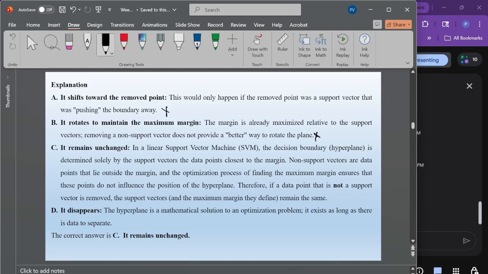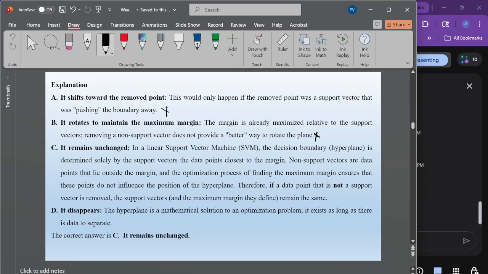And option C is it remains unchanged. In a linear SVM, the decision boundary, that is the hyperplane, is determined solely by the support vectors, the points closest to the margin. Non-support vectors are the data points that lie outside the margin, and the optimization process of finding the maximum margin ensures that these points don't influence the position of the hyperplane.